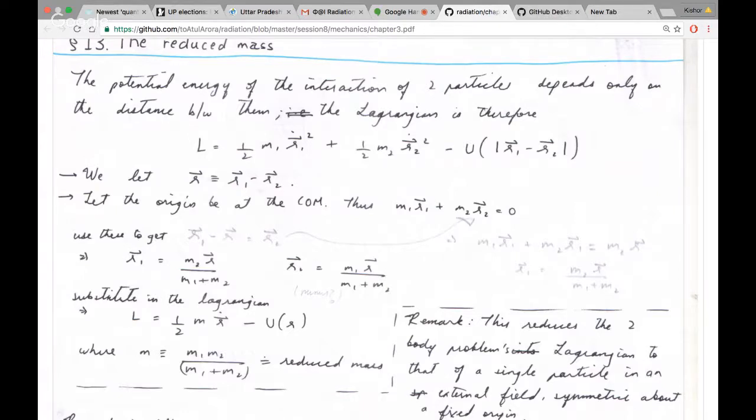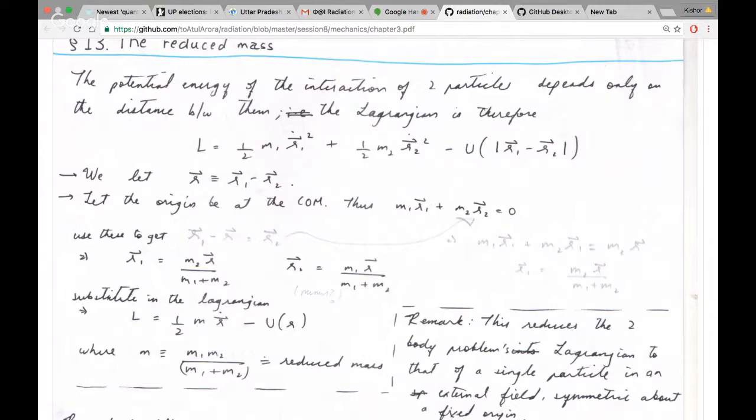So you get L equal to half m r dot minus U of r. Yeah, r dot should be r dot square, right?